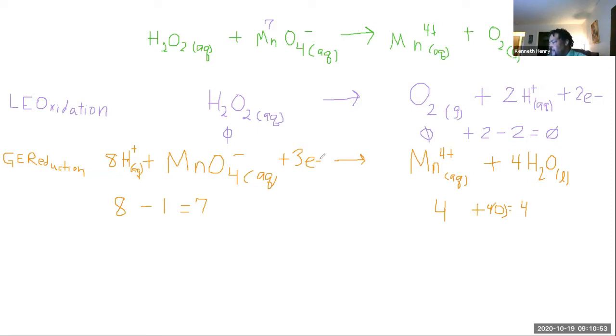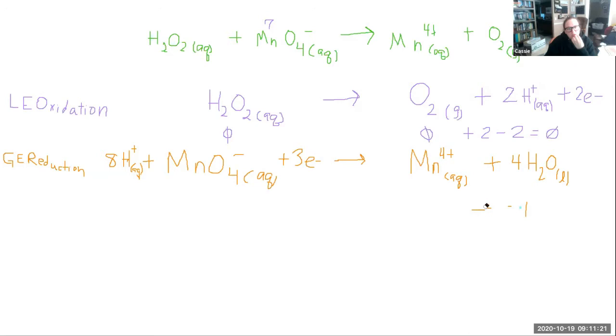Yep. You don't need them to equal 0, you just need them to equal each other. That's right, it doesn't have to be equal to 0.